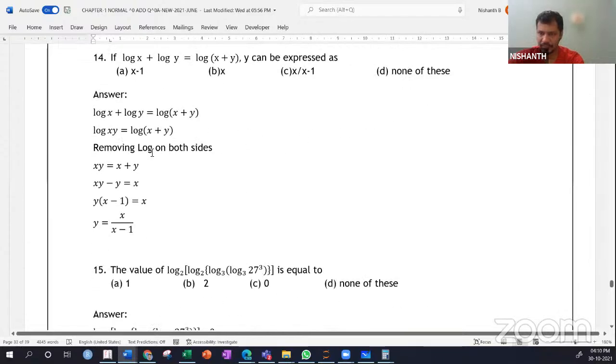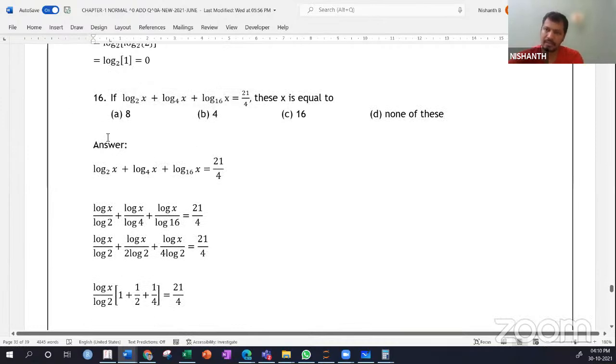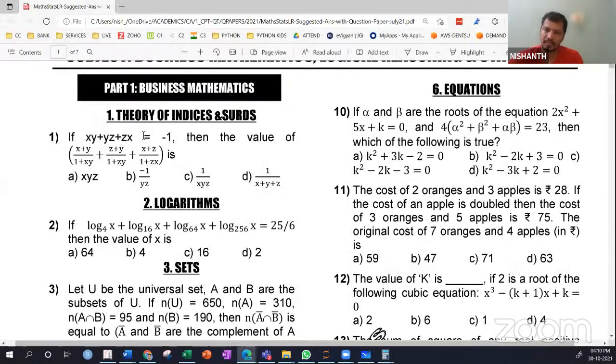Logarithms, if you observe, yeah, this kind of question, the 16th one, and the second question, I think similar.